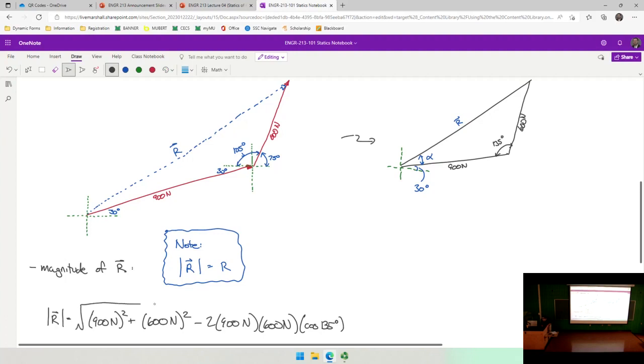Then I've got to take the square root of that whole thing, right? Because all I'm doing here is just a squared equals b squared plus c squared minus 2bc cosine a. That's all I'm doing. That's just the law of cosines, right?